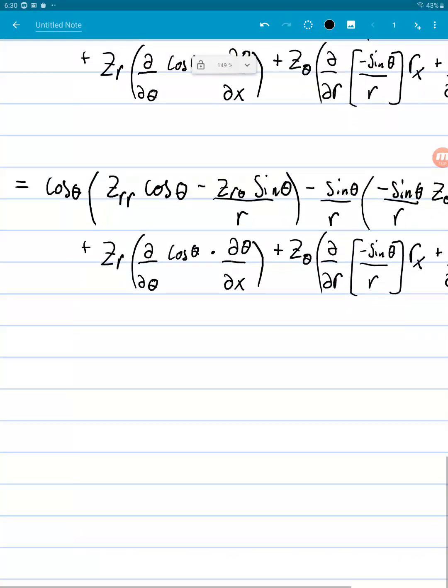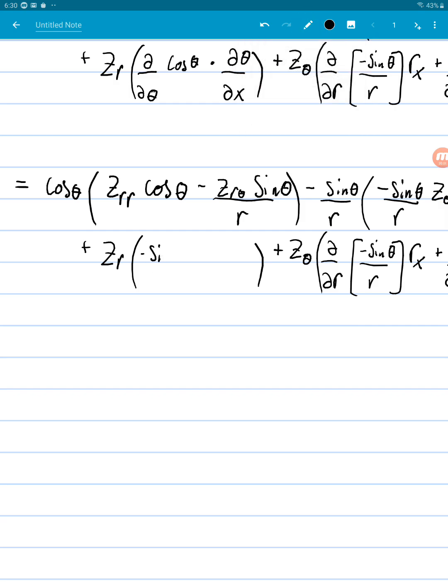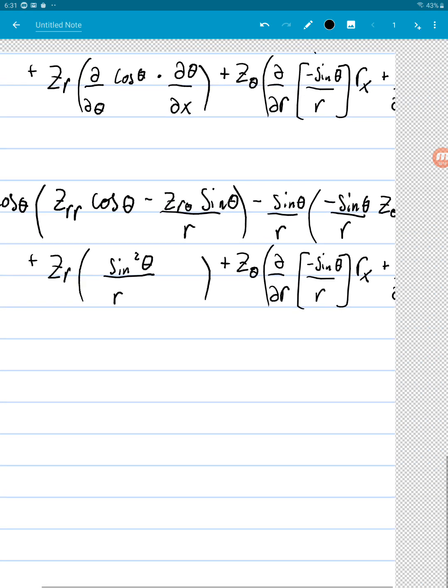Now we need to plug back in. First of all, d cos theta by d theta is going to give us negative sine theta. We have negative sine theta there. And then d theta by dx was negative sine theta over r. We'll have negative sine theta times negative sine theta. So we'll have a sine squared theta, positive, divided by r in there.